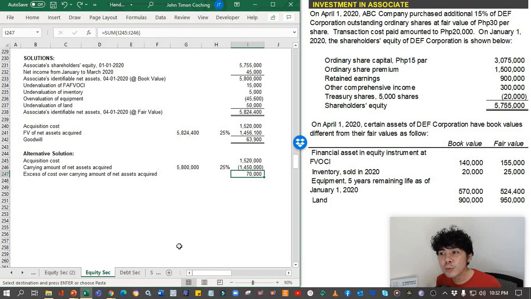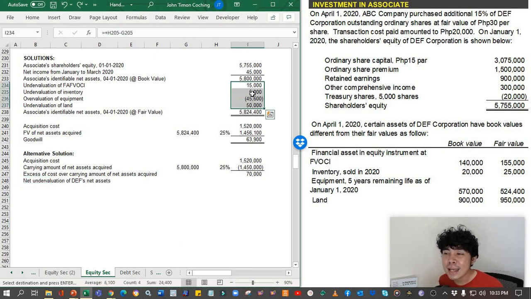So, since ang composition nitong 70,000 na excess of cost over book value of the net assets acquired ay dalawa, goodwill at yung net over or under valuation. So, para makompute yung goodwill, i-identify muna natin yung ating net under or over valuation. So, magkano yun? So, ang ating net under valuation of DEF's or associate's net assets is ito yon, yung galing sa apat na assets.